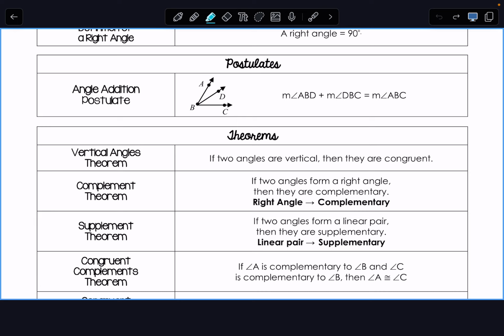Angle addition postulate. Angle plus angle equals big angle. Are you seeing a lot of familiarity? Yes. I forgot that we have a late start today.